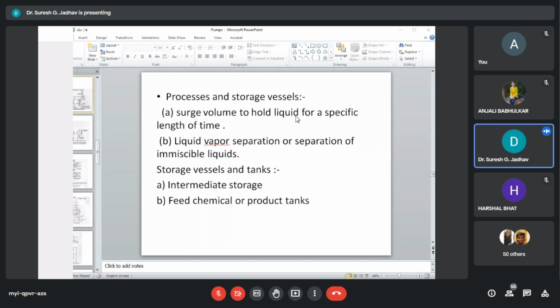Now, the next one is what are the internals? Often agitators for mixing operations can be simple reactors with agitators, or cooling or heating coils or jacket. The material of construction can vary from carbon steel, stainless steel, and glass lined. These reactors are normally vertical. These vessels are located in a process flow sequence.